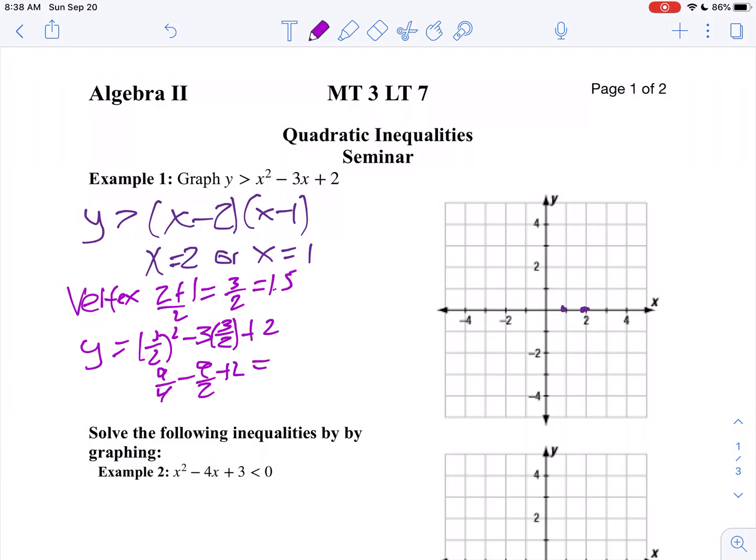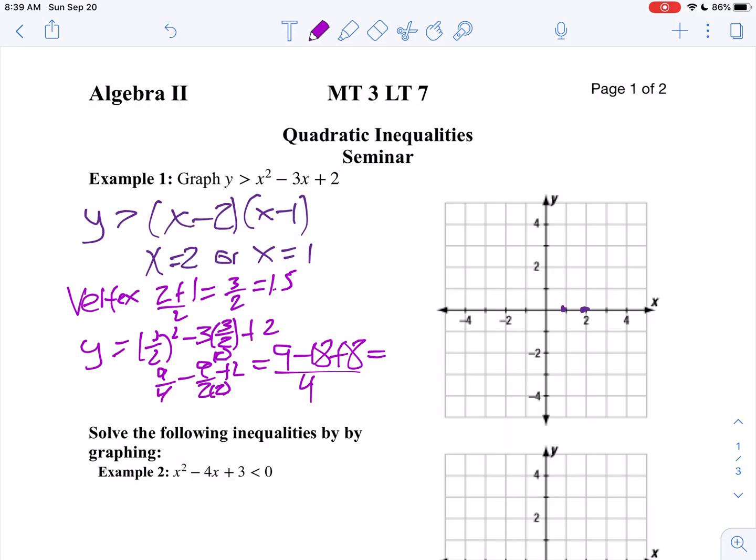You need a common denominator of 4, so we get 9 minus, well, 2 times 2 is 4. So that'll be 9 minus 9 times 2 is 18, plus 2 times 4 is 8, all over 4.